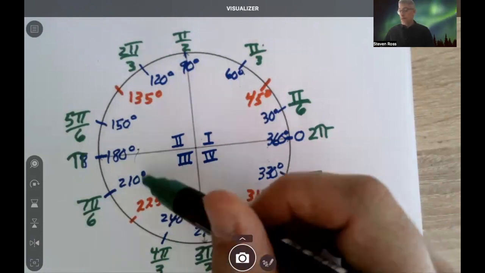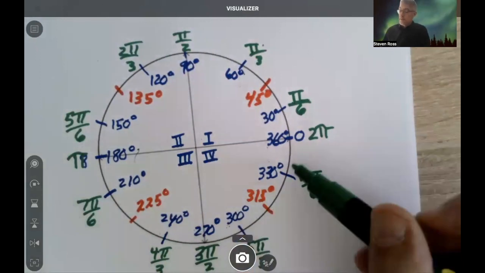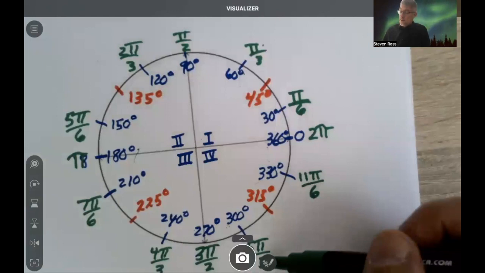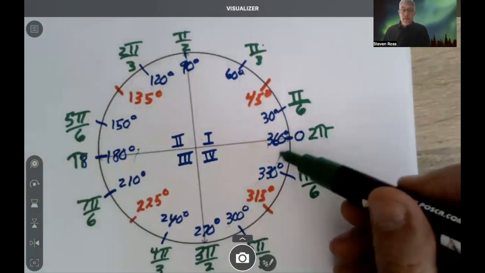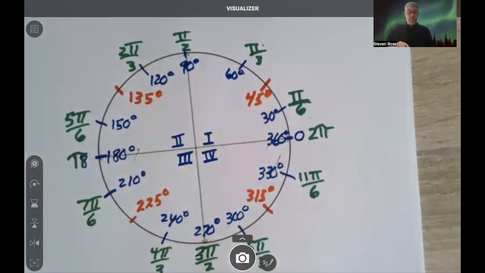So the nearest x-axis is where I'm going to measure that to. And then finally, the 5 pi over 3 or 300 degrees is going to be 60 degrees away from the 360 right here. 60-degree reference angle.